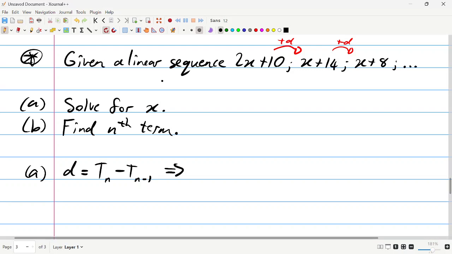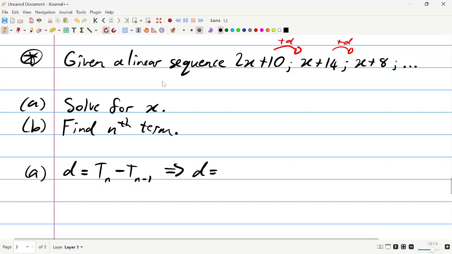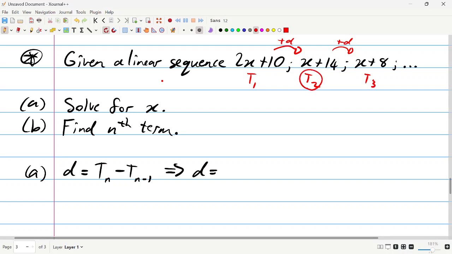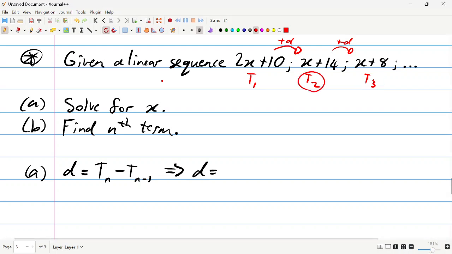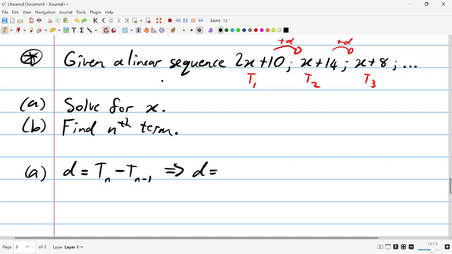It implies that if we want to solve for d, this is term 1, this is term 2, and this is term 3. If we plug in the second term, we have to subtract it with the first term. If we plug in the third term, we have to subtract it with the second term. Does that make sense? So let's do it to the first two.